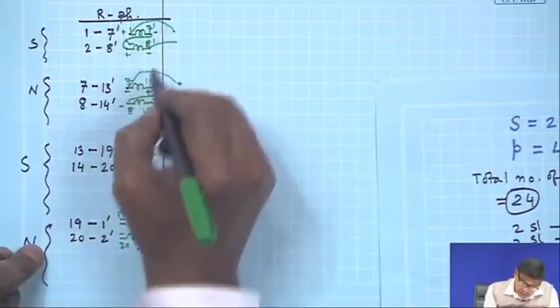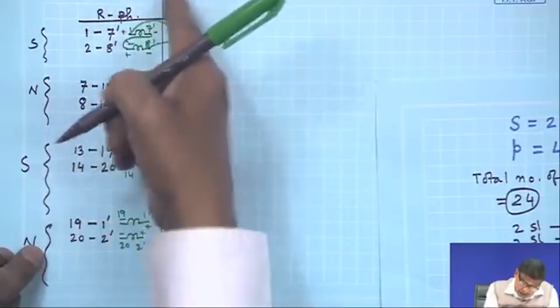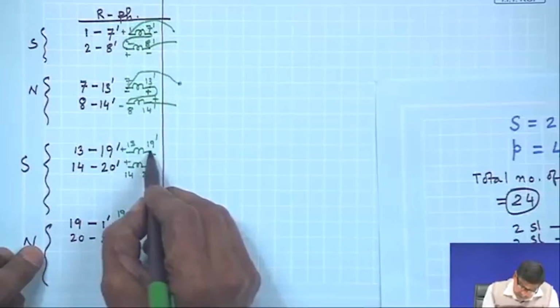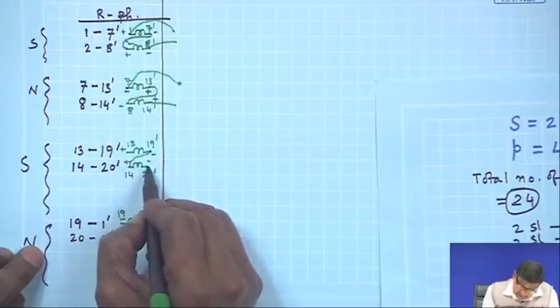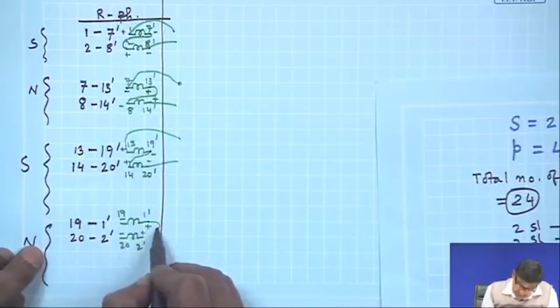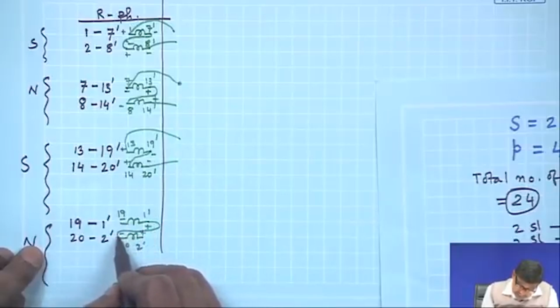These are groups, 4 groups are there for R phase only, and similarly these 2 in series, you get 2 terminals here, these 2 in series you connect.